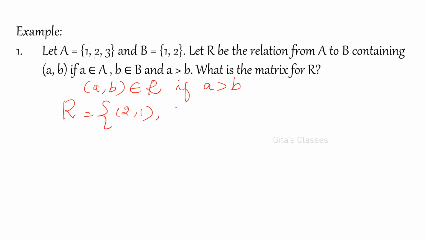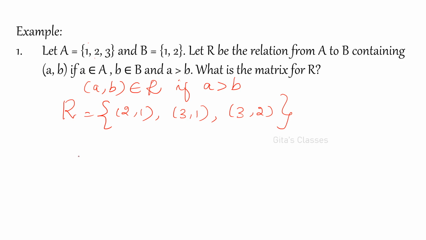Now (3, 1), yes, we will write (3, 1), then (3, 2). According to the given definition, a and b are related if a is greater than b. So other elements we won't write. The Cartesian product contains all the elements, and we are choosing some elements from it. So R is equal to {(2, 1), (3, 1), (3, 2)}.